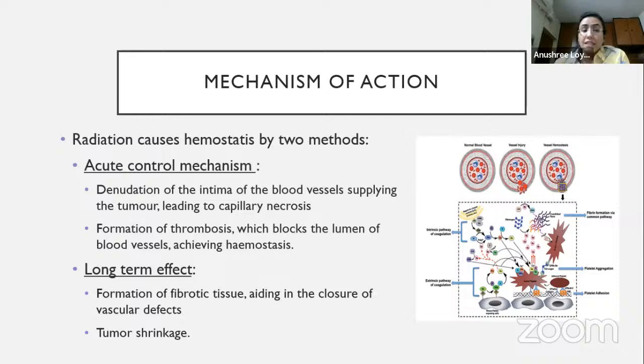In late-term effects, radiation releases some cytokines which attract the fibroblasts. These fibroblasts lead to formation of fibrotic tissue, aiding in the closure of vascular defects. Radiation also kills the tumor cells, so the tumor shrinkage itself may lead to hemostasis.